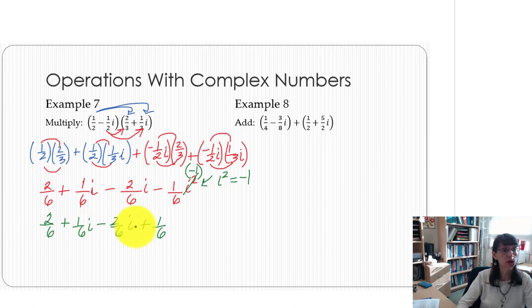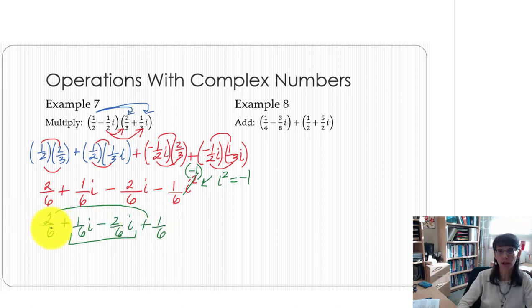Now scan the terms you have remaining. You'll see that 2/6 and 1/6 are like terms. They're both just constant terms. And then here in the middle, we have complex numbers. So those would be like terms. So we're going to combine our like terms now. 2/6 plus 1/6. So we have a common denominator.